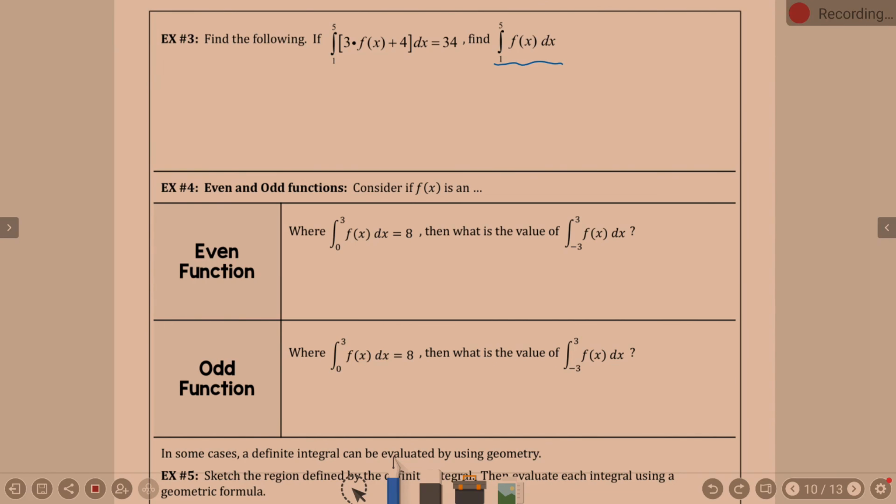Take what we have and break it up. This can be broken into 2 integrals, yes. And the 3 on this one integral can be pulled out front. So that's what I'm going to do first.